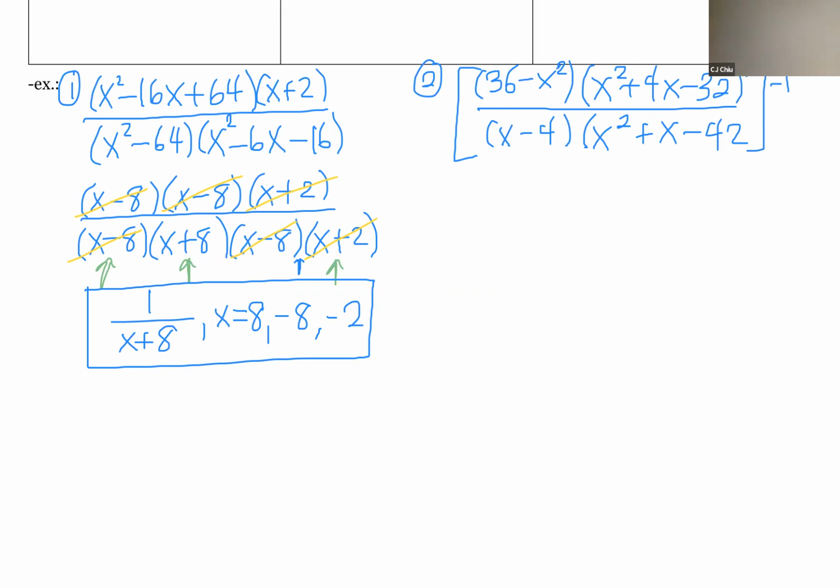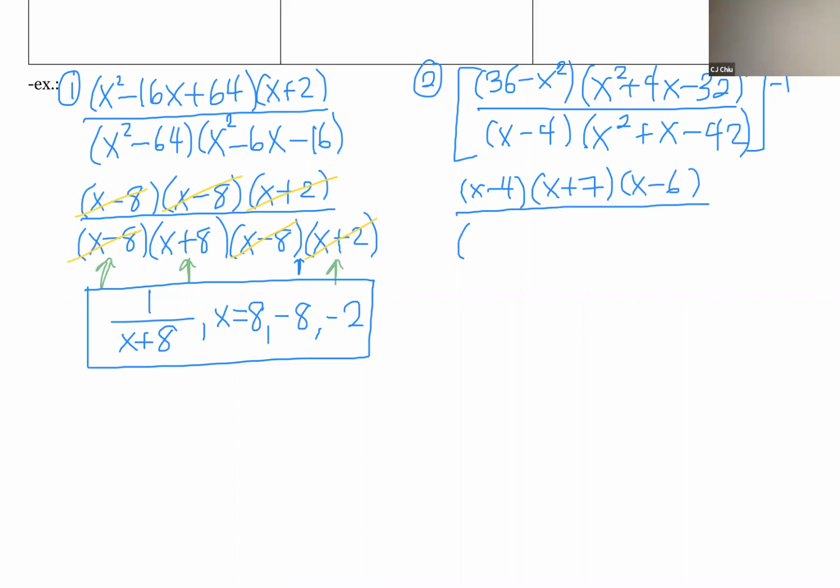Okay, so remember, negative 1 power just means flip everything. Since we have basically one big fraction, you just flip the numerator and the denominator. So then you get x minus 4, and we might as well factor at the same time: x plus 7, x minus 6.